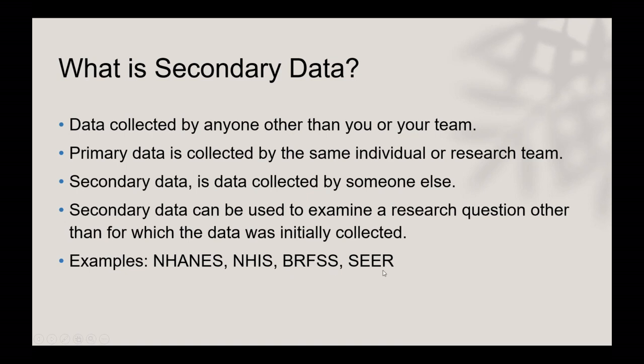And then there is the SEER data set, which is surveillance, epidemiology, and end results data. So these are some examples of secondary data sets. Please feel free to Google these names and learn more about these data sets, or just to see what secondary data sets are all about.